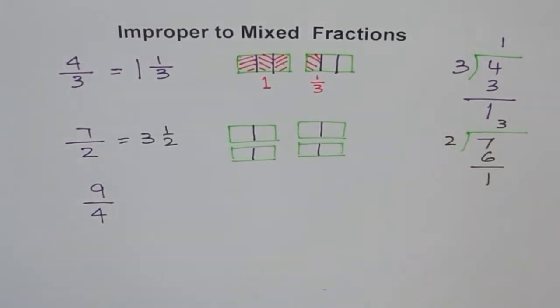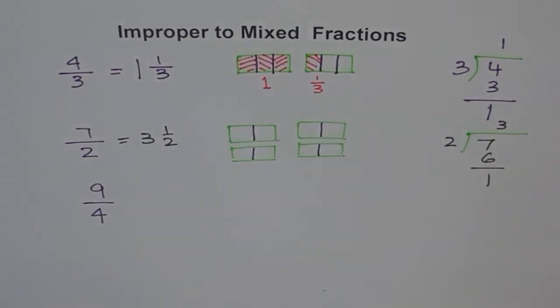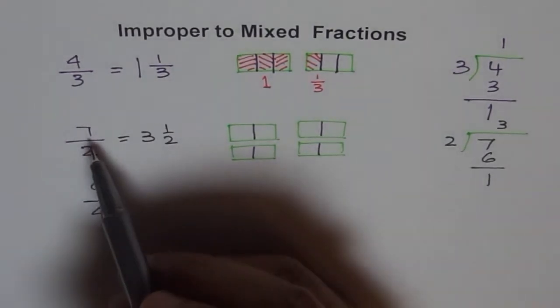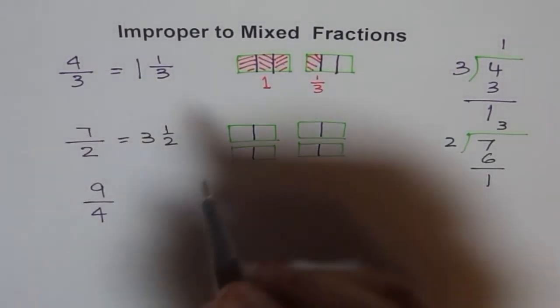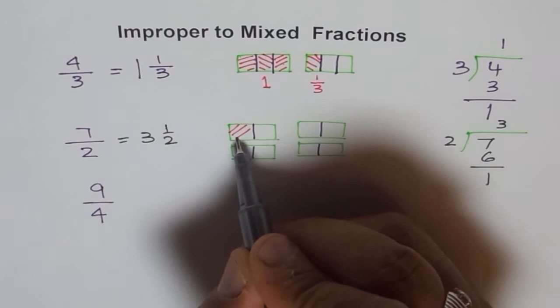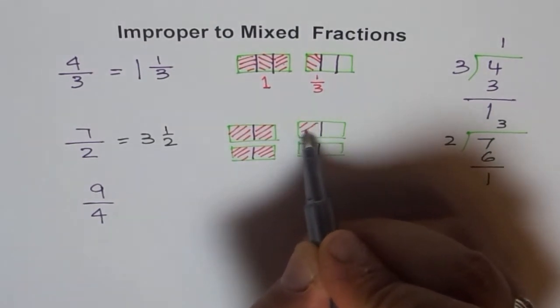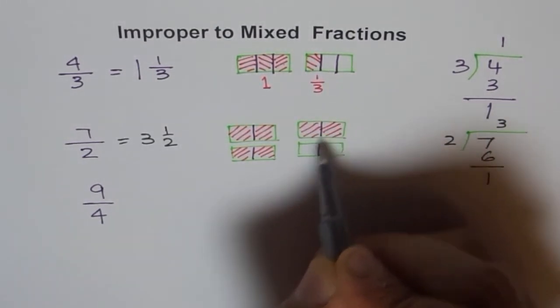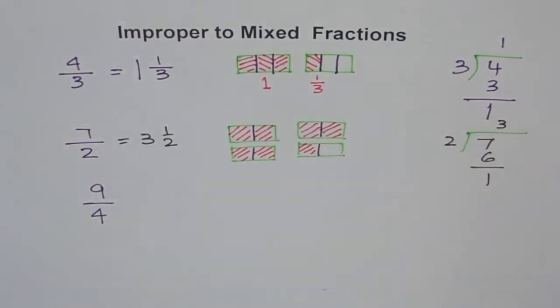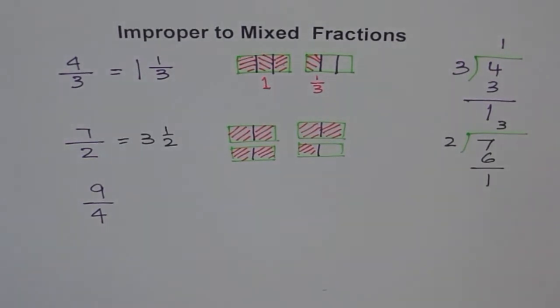And then we take how many? 7 halves, right? 7 halves means 1 half, 2 halves, 3, 4, 5, 6 and 7, right? Right, that's correct.